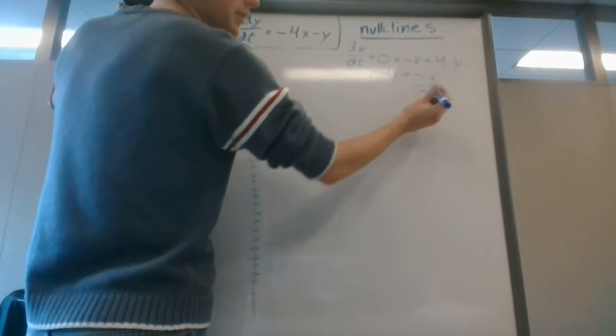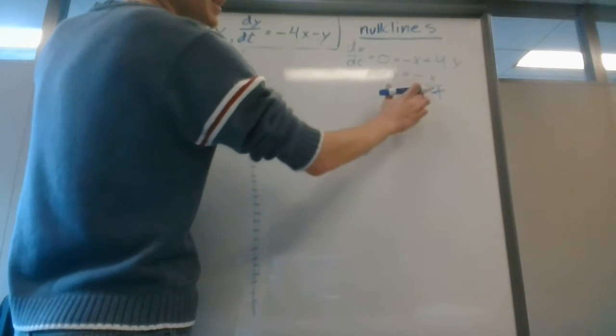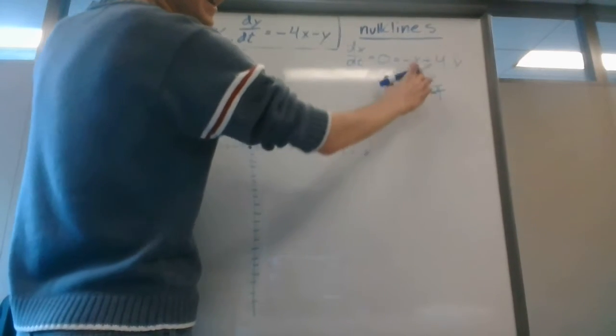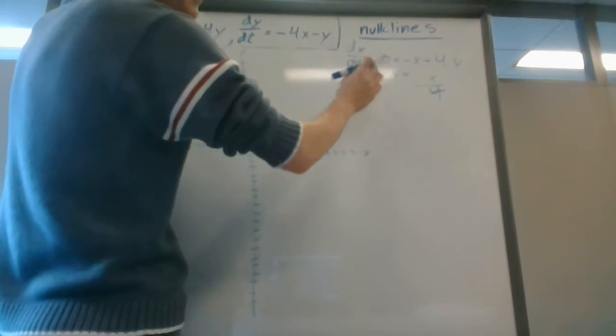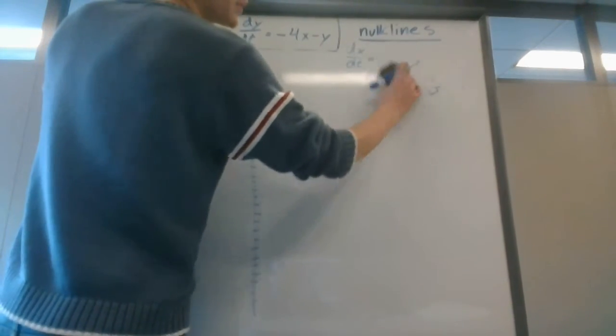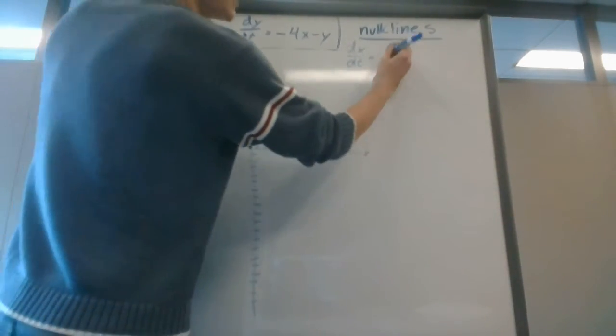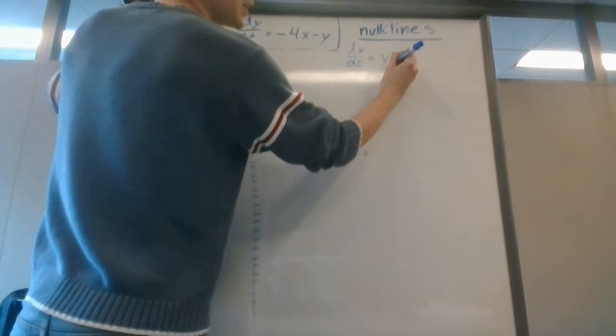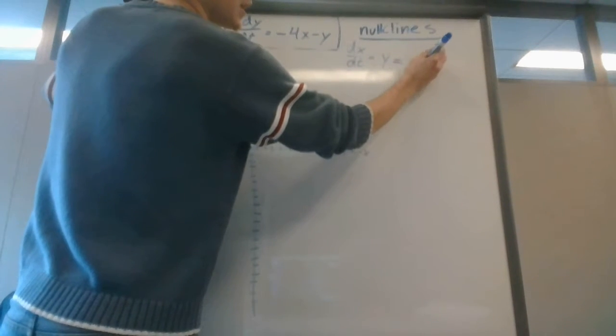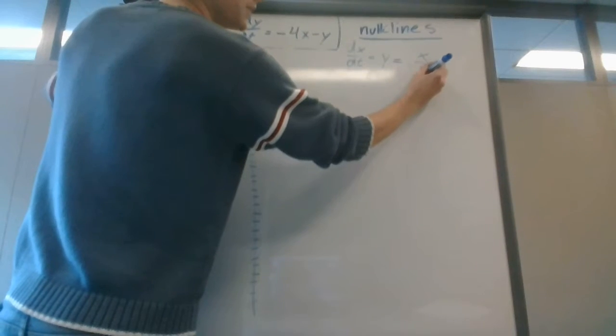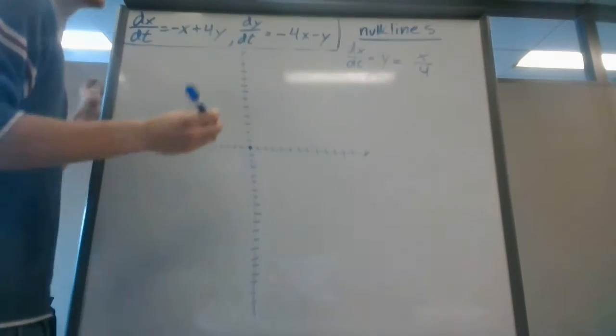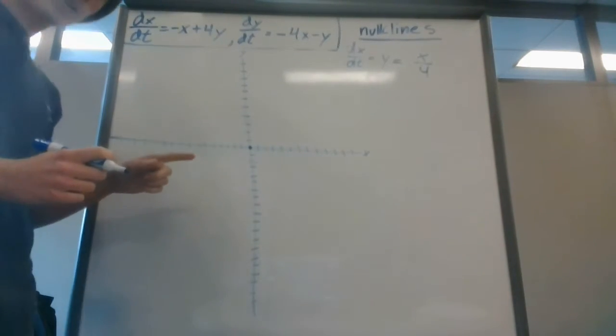These negatives cancel, so we got x divided by 4 as our null line. So I'm just going to rewrite that right here: y equals x divided by 4.